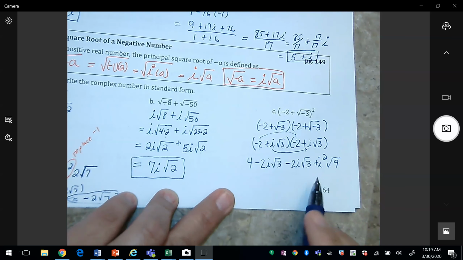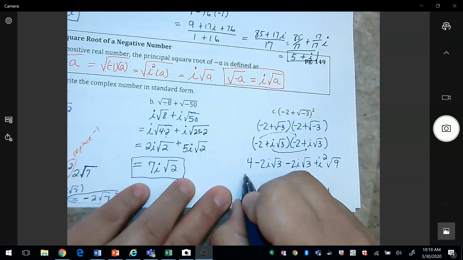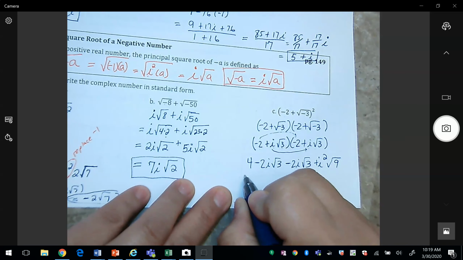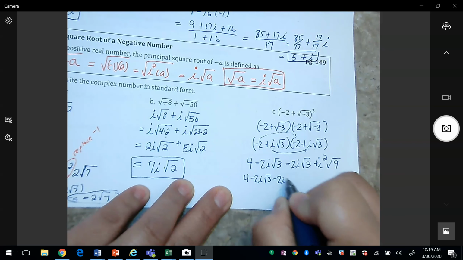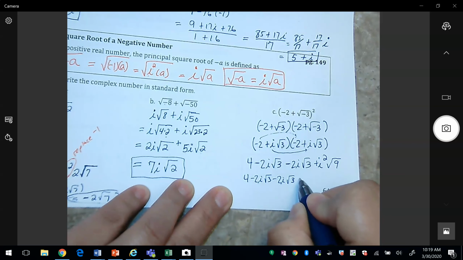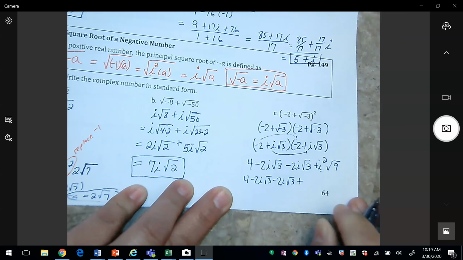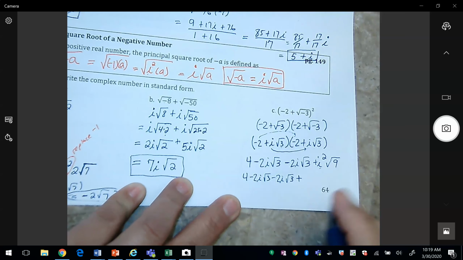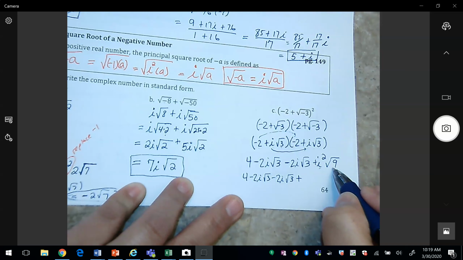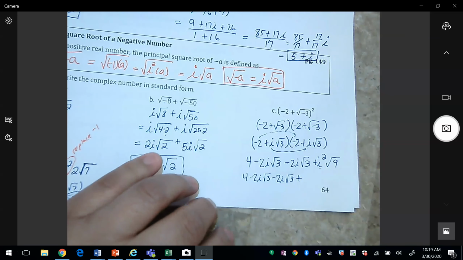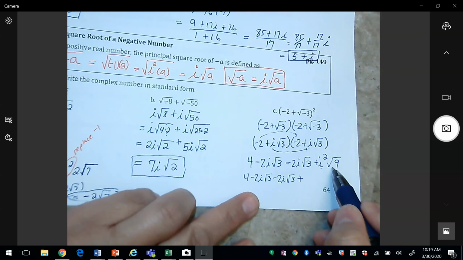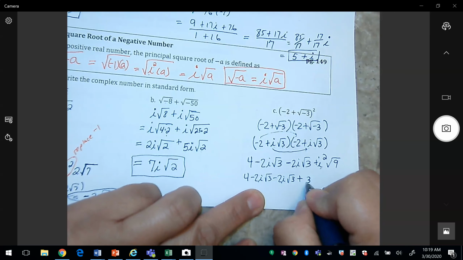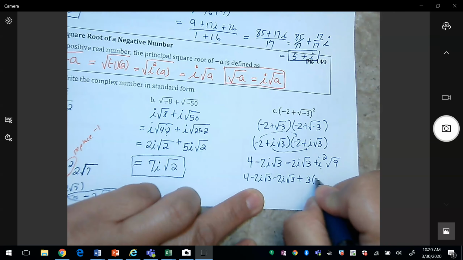So we want to simplify. So I'm going to have 4 minus 2i square root of 3 minus 2i square root of 3 plus i squared. We can replace it with a negative, and the square root of 9 comes out as 3, and i squared I'm going to replace with negative 1.